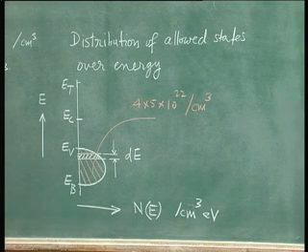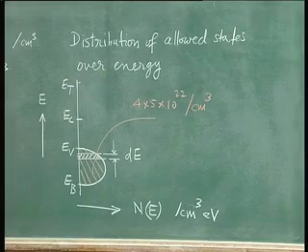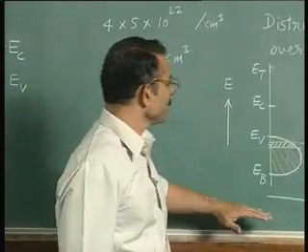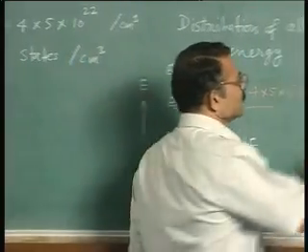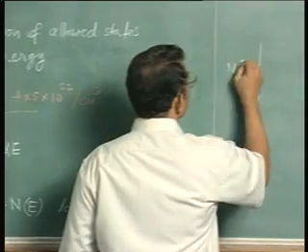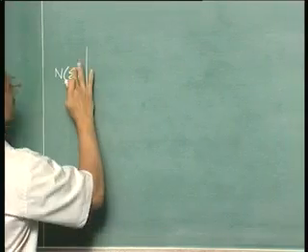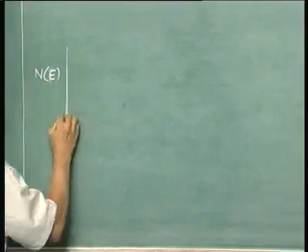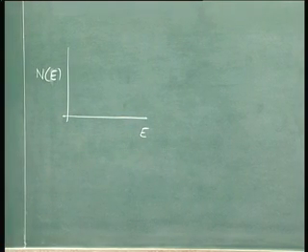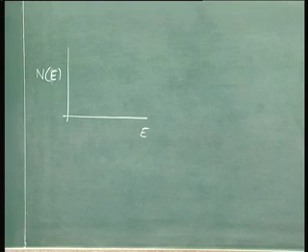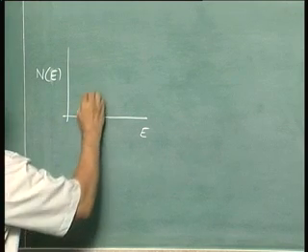Often when we plot functions, we plot the independent variable on the x-axis and the dependent variable on the y-axis. If I were to plot Ne as a function of E, I would put Ne here and E on this axis. That is the normal convention which is adopted. In which case the function would look something like this.